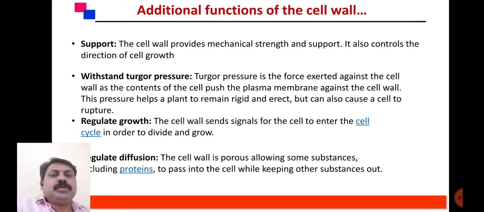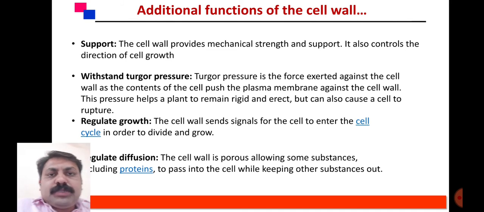So diffusion is one more property we have studied earlier. In diffusion, the movement is from higher concentration to low concentration, movement of anything, gaseous or solution or liquid. So this movement is diffusion. So this cell wall also has a role in regulating the diffusion.